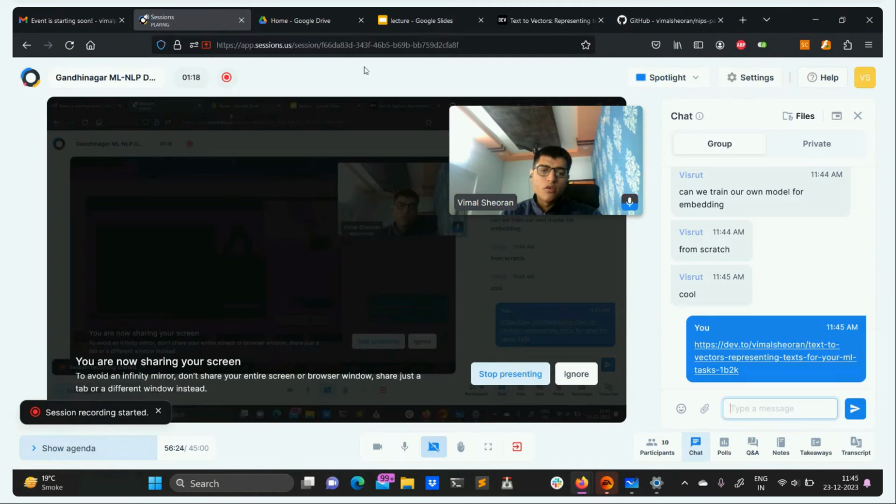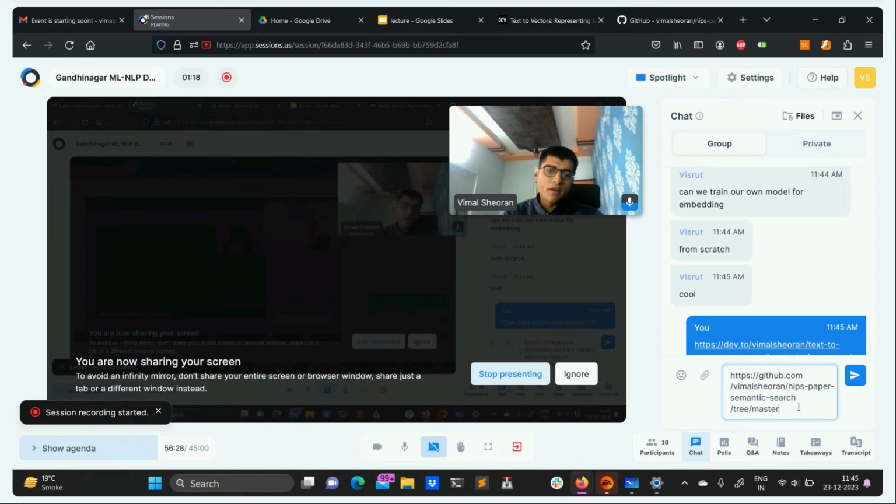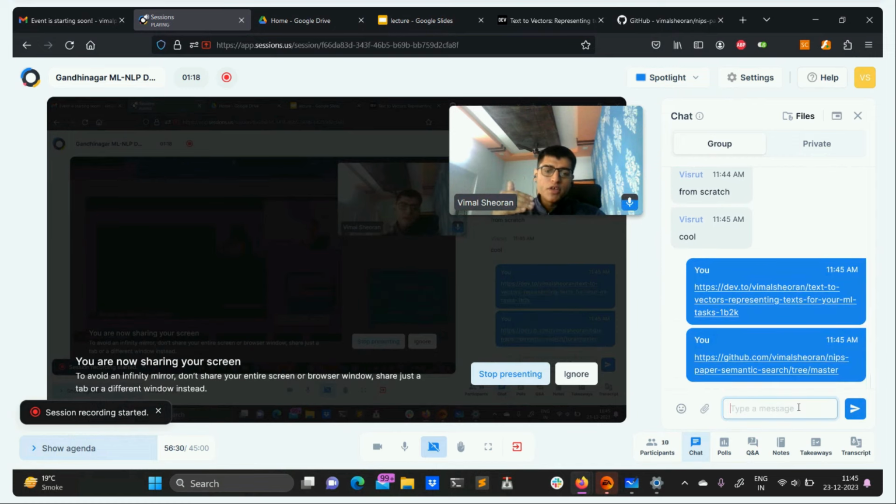You can go through the code. This code has two parts. The first part is where you take the raw data, pre-process it, and create embeddings out of it. And the second part is where you can query those embeddings. You can take your own text query and convert it into an embedding and do a similarity search against the data present in the database.